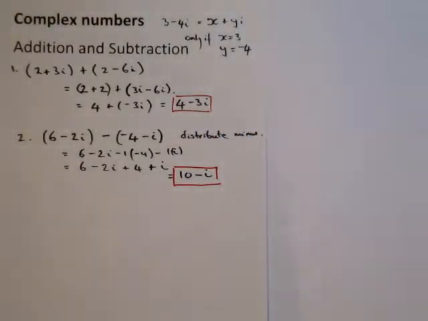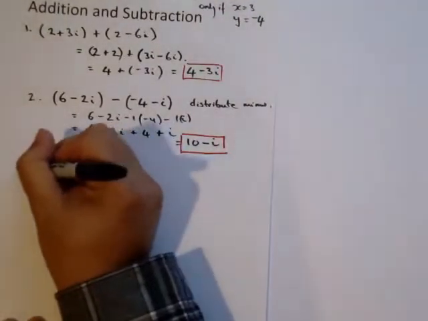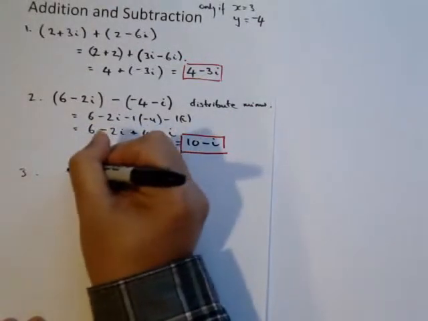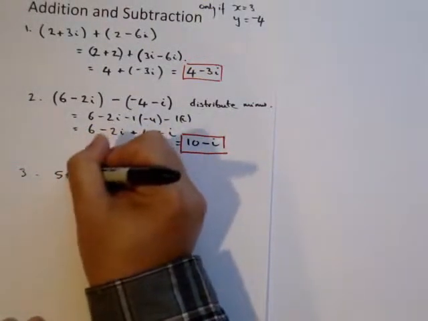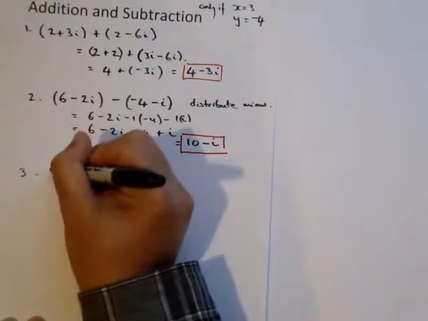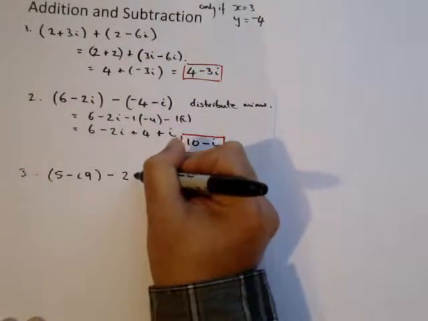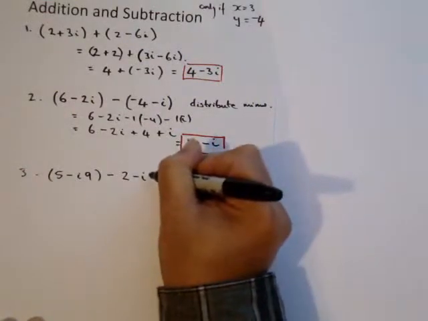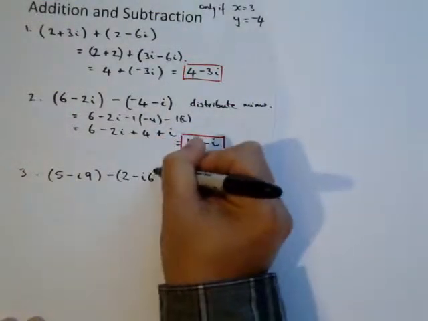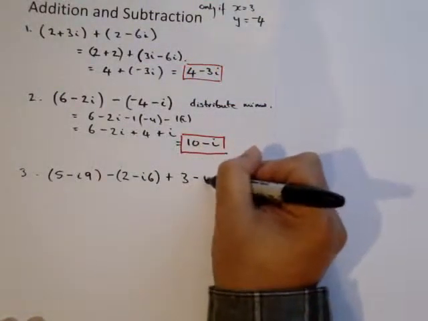If we do something a little bit more complex, let's have a look at our final one. 5 minus i9 minus 2 minus i6 plus 3 minus i4.